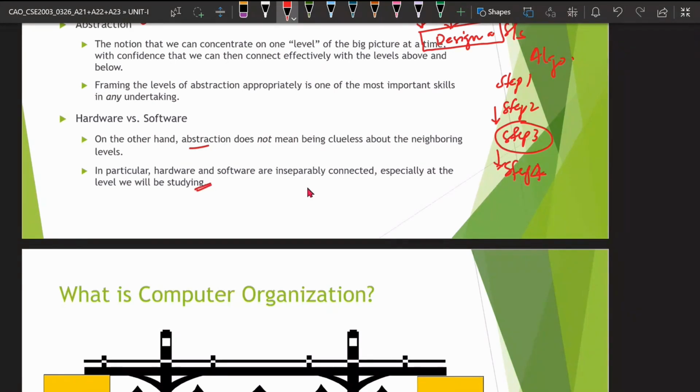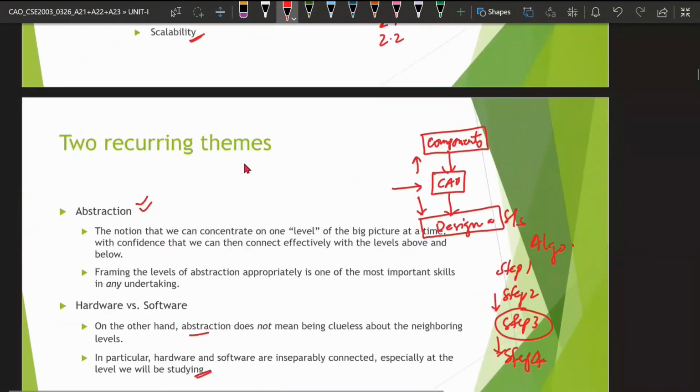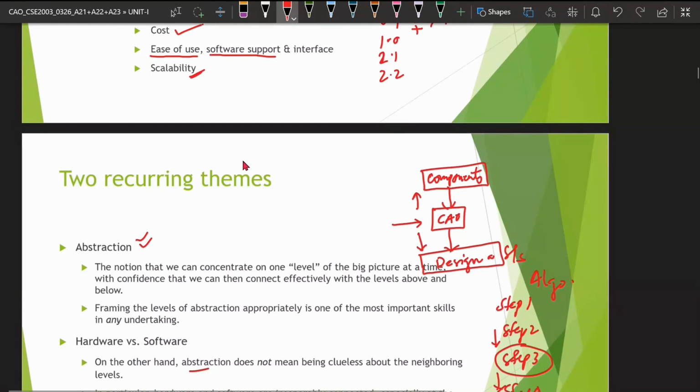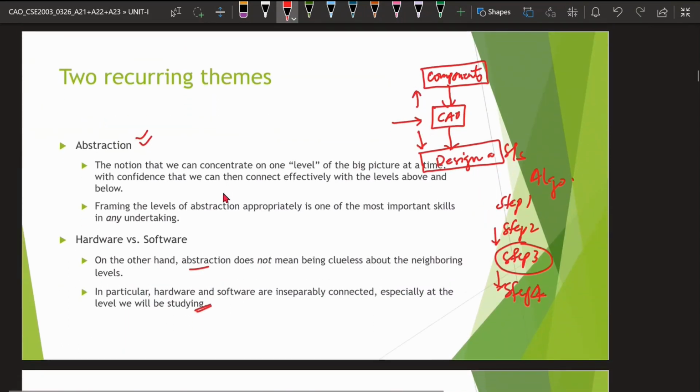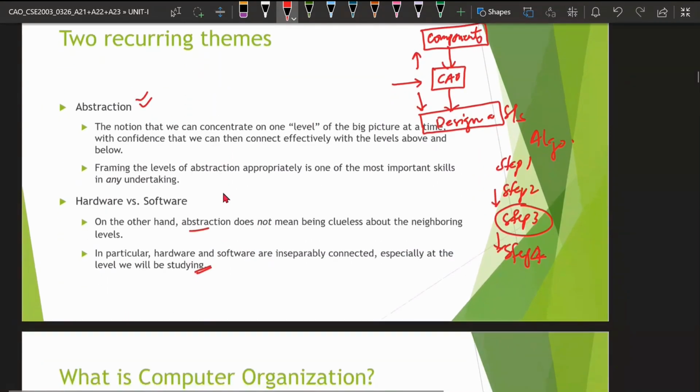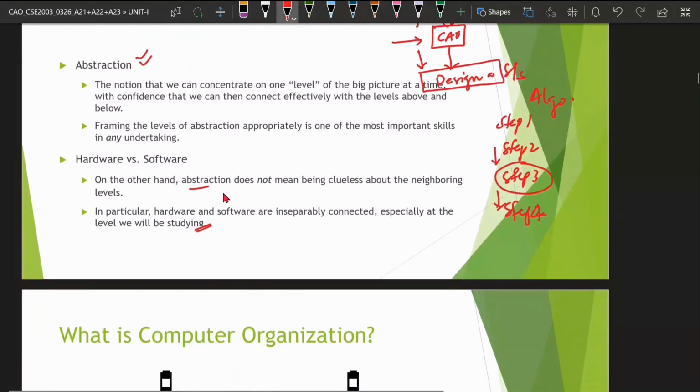Here we will be studying the architecture as well as the organization. Architecture is in terms of hardware, like what particular components we are going to use to run a particular block of the system. Then once we have the different blocks, how we connect these blocks is in terms of a hardware and software relation.